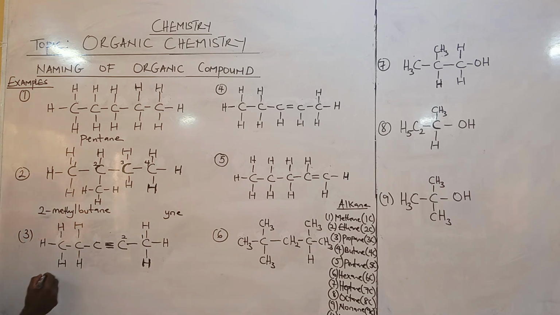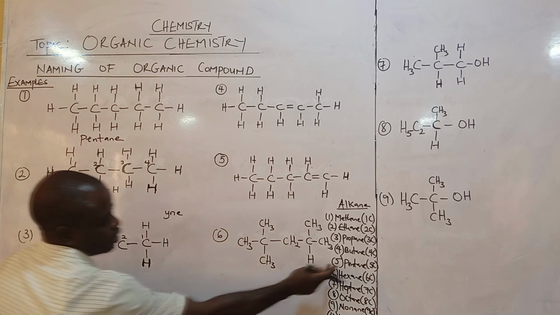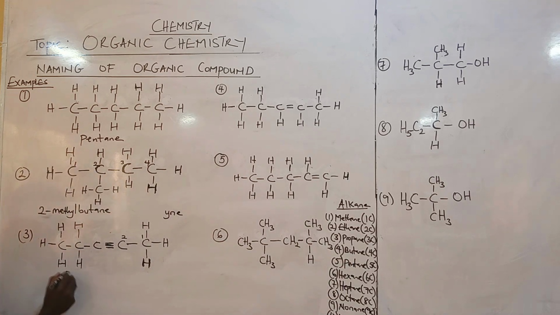Now you don't have a methyl attached to it. Just say but... what is it? 1, 2, 3, 4, 5. That's pent. Write it down: pent, dash, what carbon was it attached to? Carbon number 2. Pentyne. Is that okay?